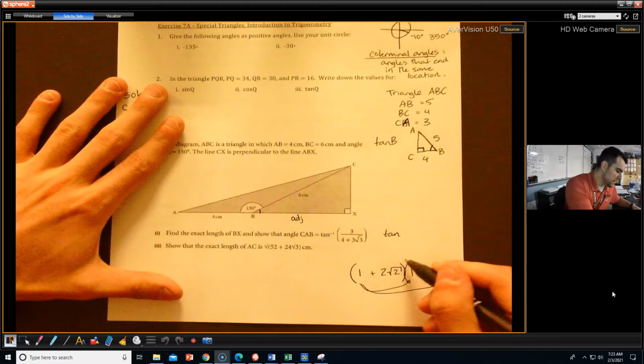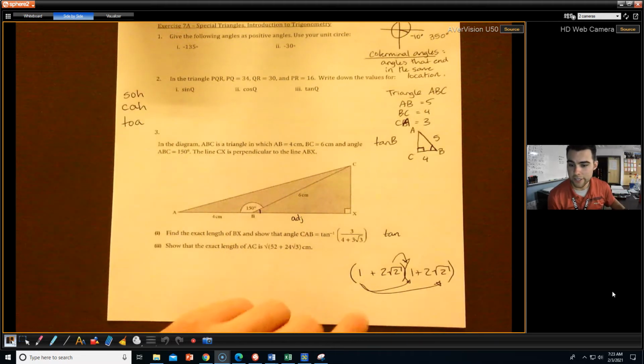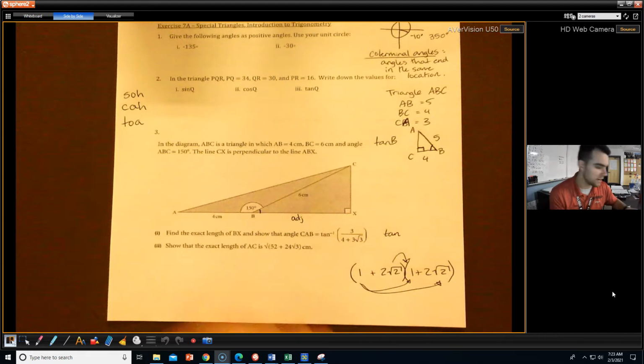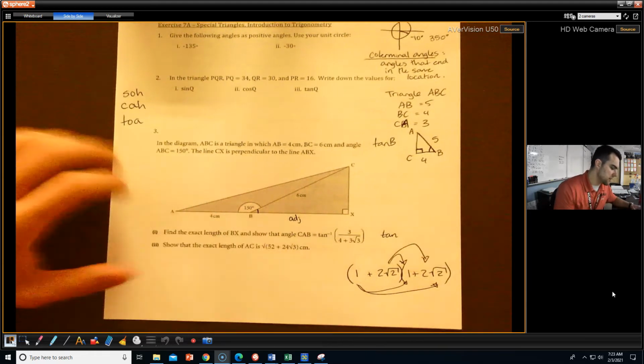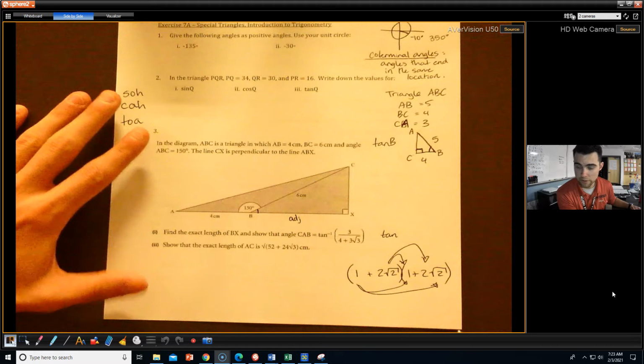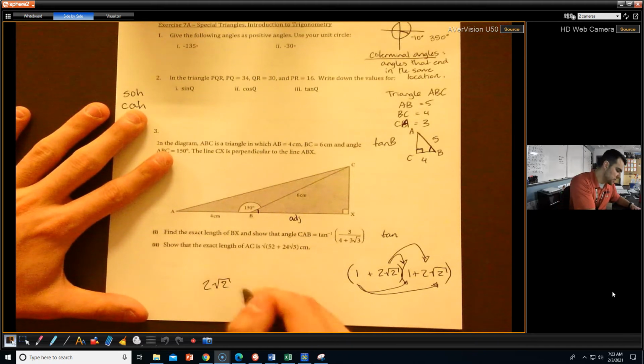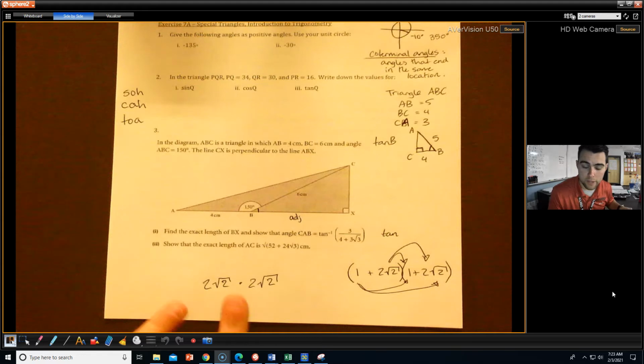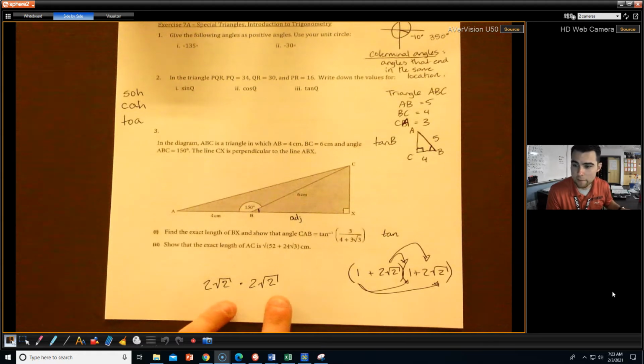we know these first three that I just did, 1 times this, and anything times 1, we're going to be fine. It's really this last one where we have 2 square root of 2 times 2 square root of 2. Just as a reminder, when you do this, I would multiply the outer coefficients first, and then multiply your radicals.